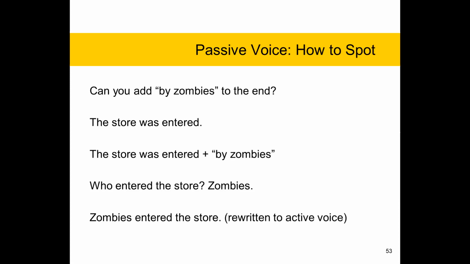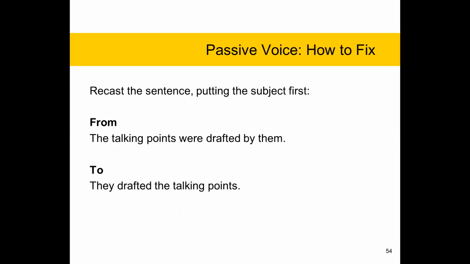Who entered the store? Zombies. "Zombies entered the store" is the active voice version of this. Although I do not recommend, if you're doing track changes as you're editing, writing "zombies?" in your comments. I'm just saying that it's not likely to go over well.